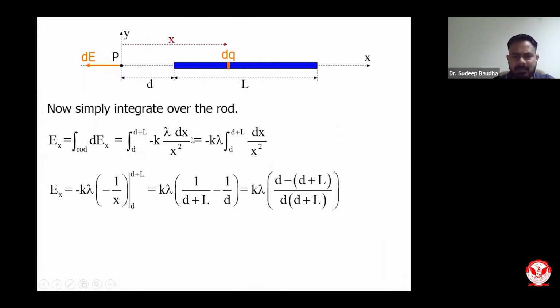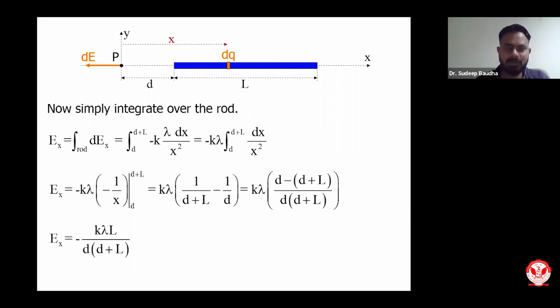Minus k lambda are constants. We can do the integration. We can apply the limits, and on application of the limits, you can see what are the possible values we have got. So we have got the x component as k lambda l upon d into d plus l. So this is the amount of electric field generated at a point P, which is located over here.